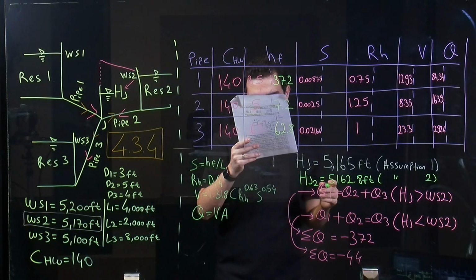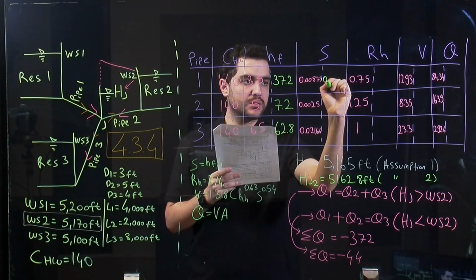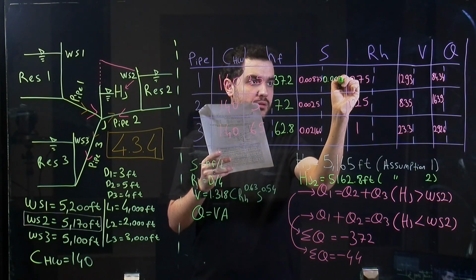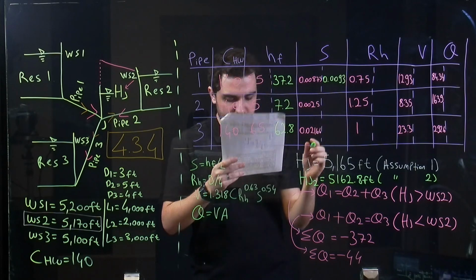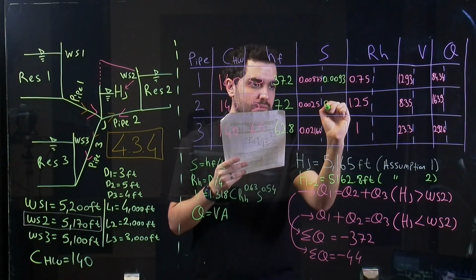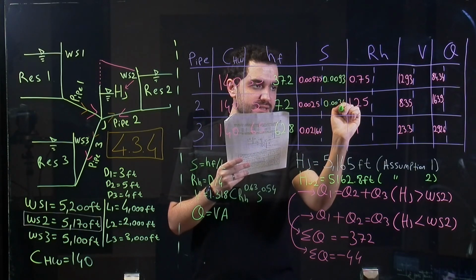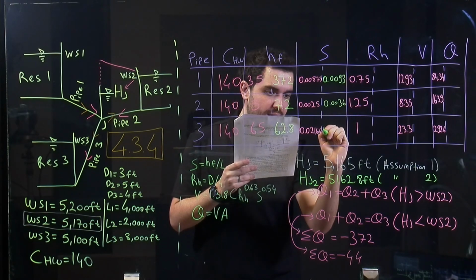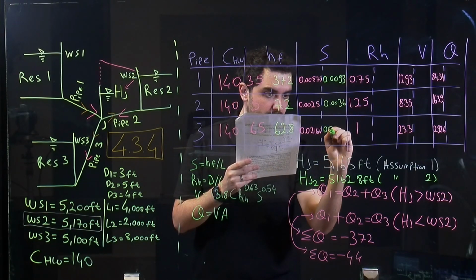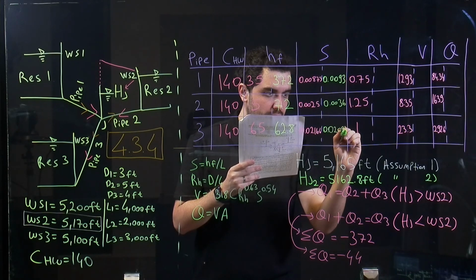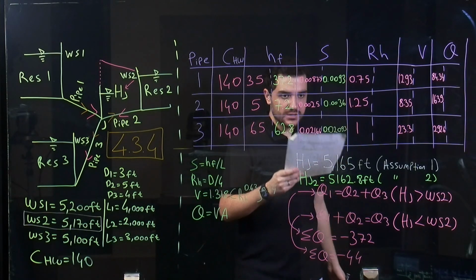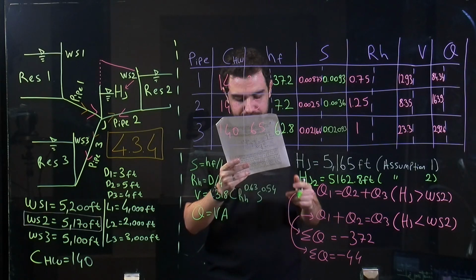And for the slope, again, we have 0.093, 0.036, and 0.02093.